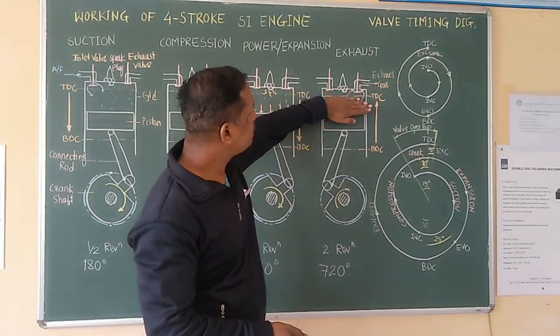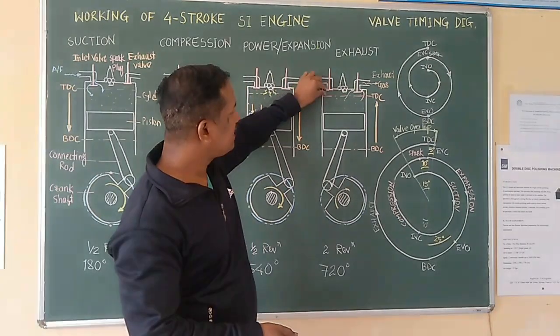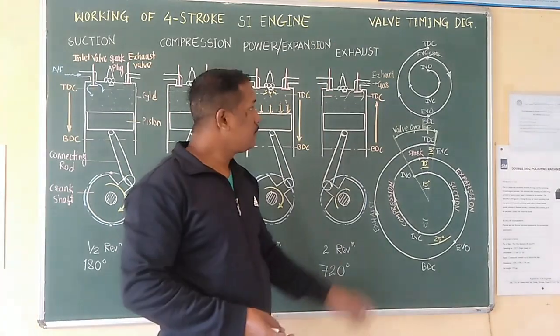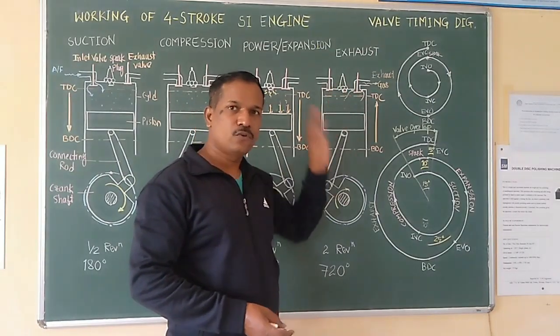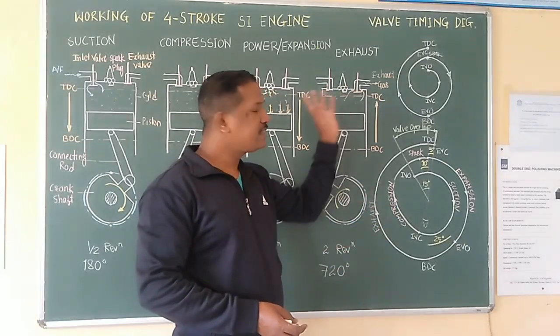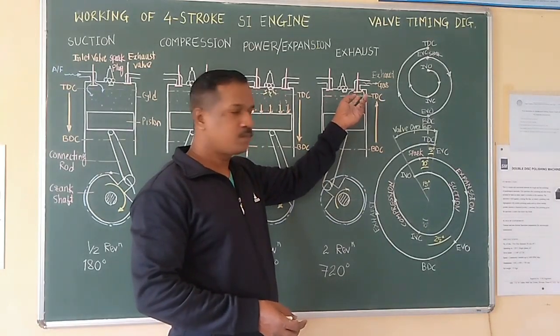It will only move up to TDC. So whatever clearance volume gap is there, exhaust gases will be there. Now exhaust gases have lower density because they are heated gases, so they have a lower density.